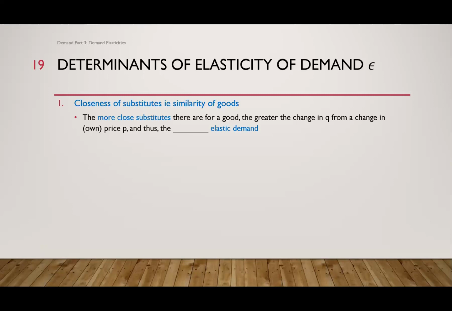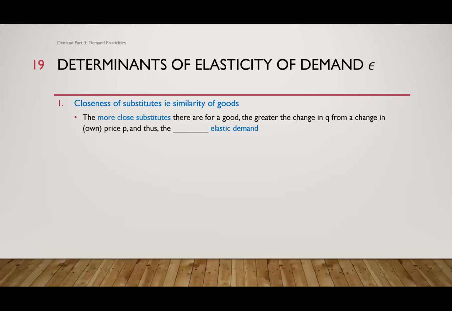All right, so that's the price elasticity of demand. How sensitive is demand to a change in its price? So we want to ask, what determines how sensitive demand is to a change in price? What makes demand either more or less elastic? The first one I mentioned at the end of last Monday's lecture was the number of close substitutes.